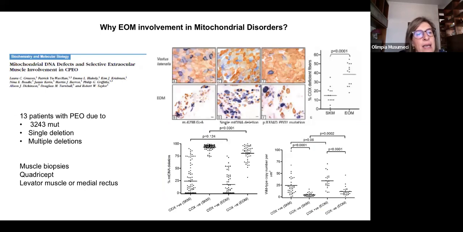In this nice study, 13 patients with PEO were selected, and a muscle biopsy was studied, in particular the quadriceps and also the levator muscle and medial rectus muscle, so the eye muscle. The study showed that the eye muscles are very rich in mitochondria, so a dysfunction in mitochondrial energy production leads to a very common involvement of eye muscle.